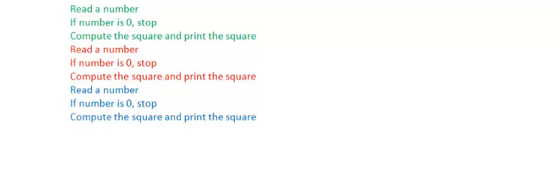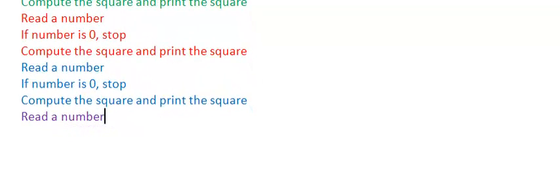Now let us go to a fourth number. Read a number. And if number is 0, and let's say the number is now 0, so we stop. We don't continue any further.